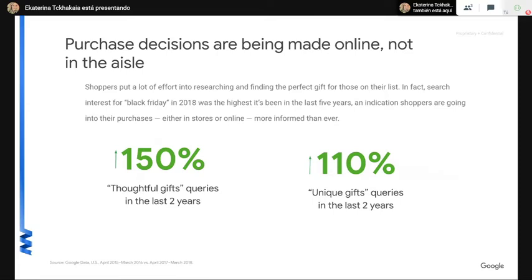And we have also seen a rise in searches for thoughtful gifts by 150%, and other queries such as unique gifts by 10%, which also means that sometimes consumers do not have a clear product in mind that they would like to buy, and there are still these discovery moments that you can address.